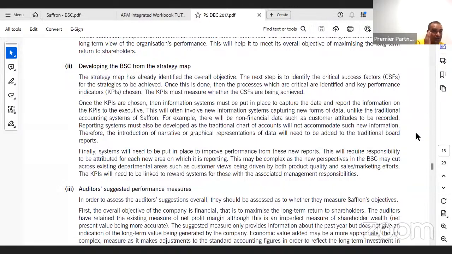You can explain that, how important it is. It's like there are very knowledgeable people, but they can't teach. There are dumb nuts who are very good in presentation. You understand? This may be complex as the new perspectives in the BSc may cut across existing departmental areas, such as customer views, being driven by both product quality and sales and marketing efforts. That's where they're showing, like I told you, a different way of looking at it.